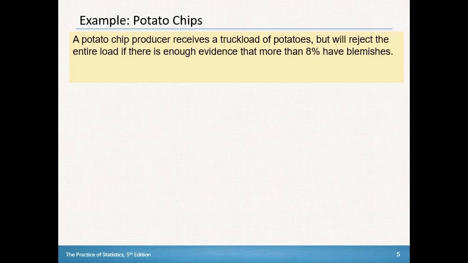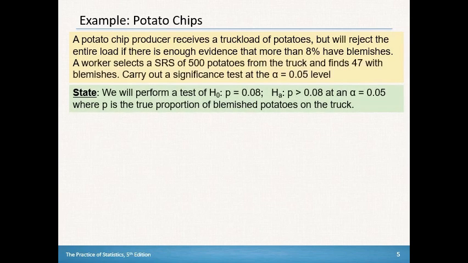So clearly we don't care if they're less than 8. The potato chips will look even better if they're less than 8, but it's over 8 where we have a concern. So that's where we come up with our null and alternative hypotheses. We want to test H naught: p is equal to 8%. The alternative is that p is greater than 8%. And we're going to use an alpha of 0.05.